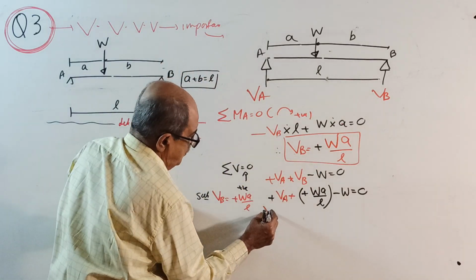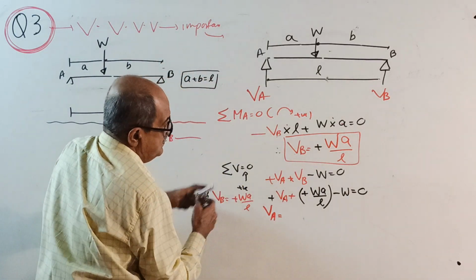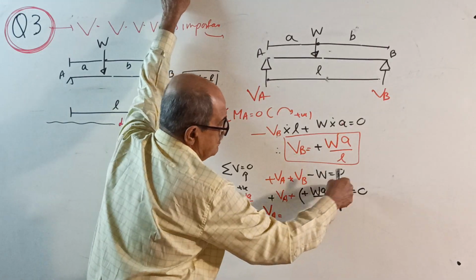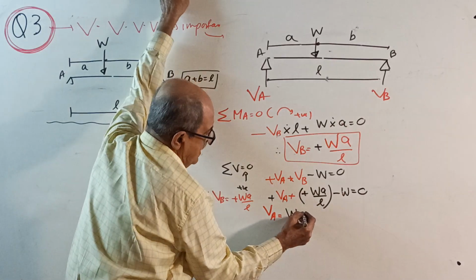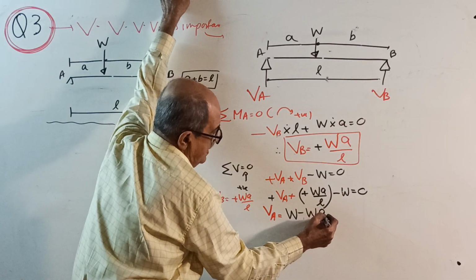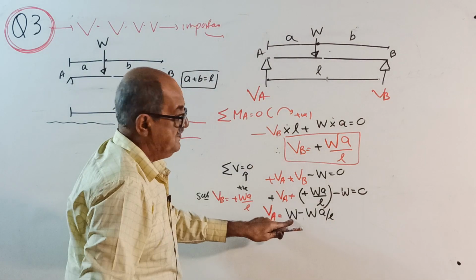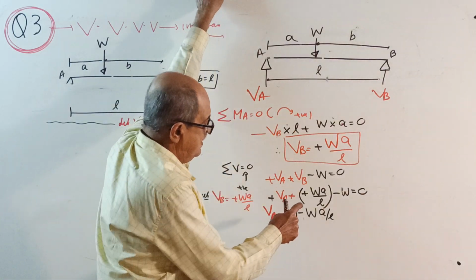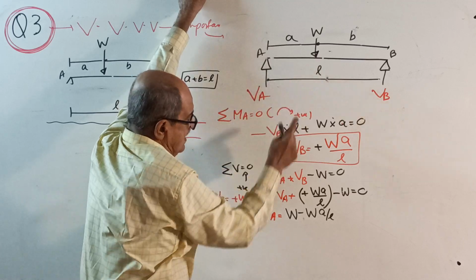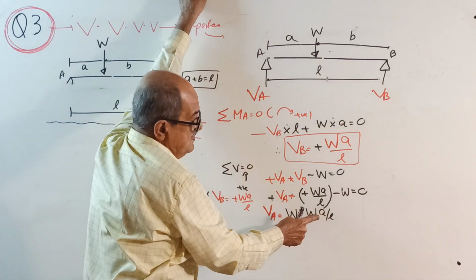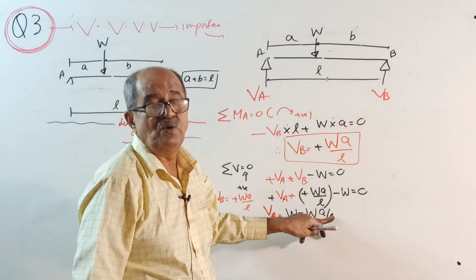Therefore, your VA will become, see, this minus W, that side becomes plus W. This will become minus WA by L. See, this is full W. This is part of W. Why? Because A is less than L. If this is 100 kilonewton, this is surely less than 100 kilonewton.